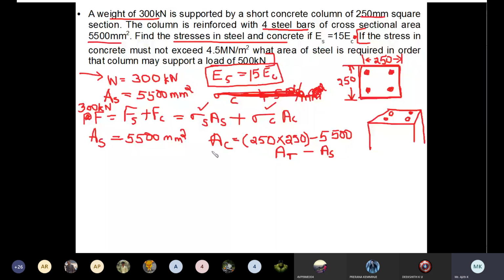You will get the answer as 57,000 mm square. This is the area of concrete.